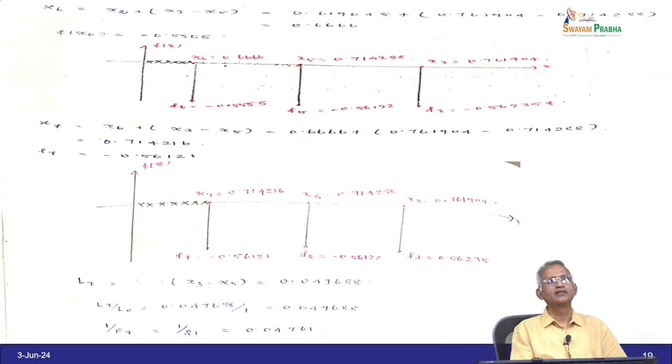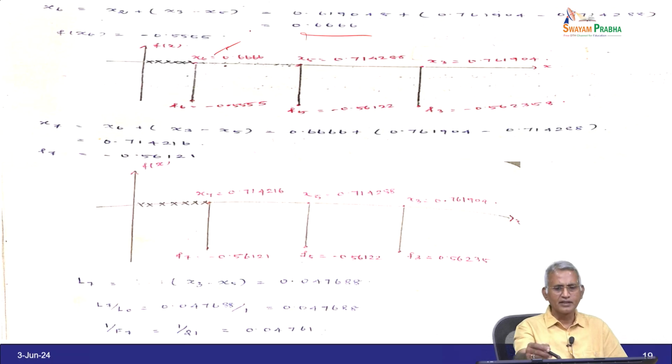Now, we have the comparison with x3 and x5 with x1 starting point, and x6 equal to 0.61904 plus x3, which is 0.761904, minus x5, which is 0.7142, equal to 0.646, which gives f of x6 equal to minus 0.555.